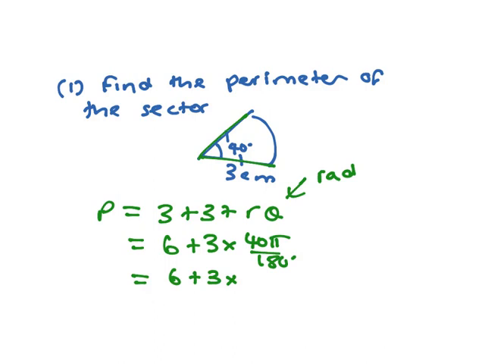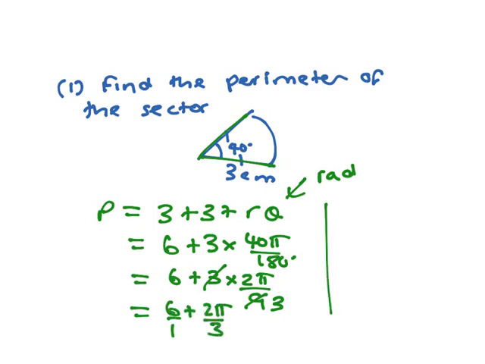So 6 plus 3, now when you cancel out, this would be 2 pi on 9. 3 goes into 9 3 times, so 6 plus 2 pi on 3. And as a common denominator, the perimeter would be 3 times 6, which is 18, plus 2 pi, over 3 centimetres.